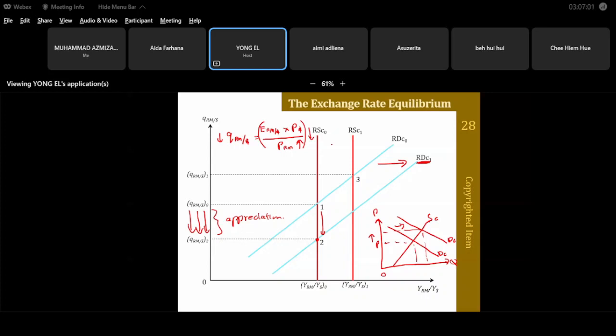Okay. Another situation is when the relative supply curve shifts to the right side. This usually happens because of production efficiency. When production efficiency increases, that will allow suppliers to supply more, to produce more, and usually represented by the shift in the supply curve to the right side.